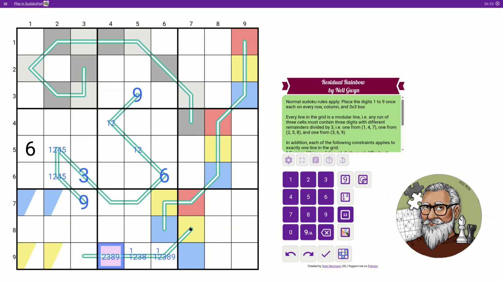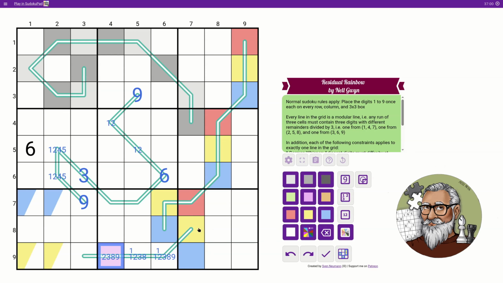So now we know that yellow is not 147, just like we knew that blue isn't 369. Yellow could be from 369? Is that possible? So if this is 3, this would be 9.